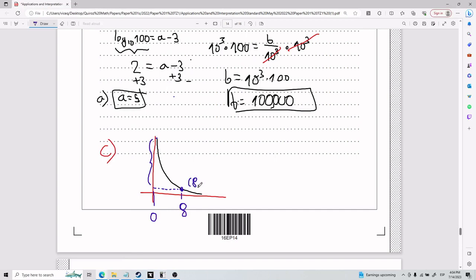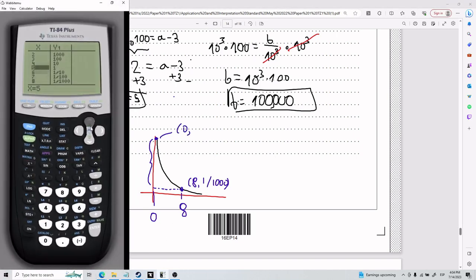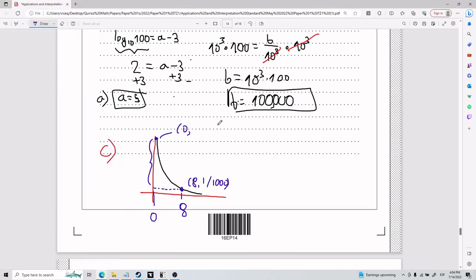When x is 8, y is 1 divided by 1,000. And when x is 0, y is a very big number: 5 zeros, 100,000. So that would be my range.